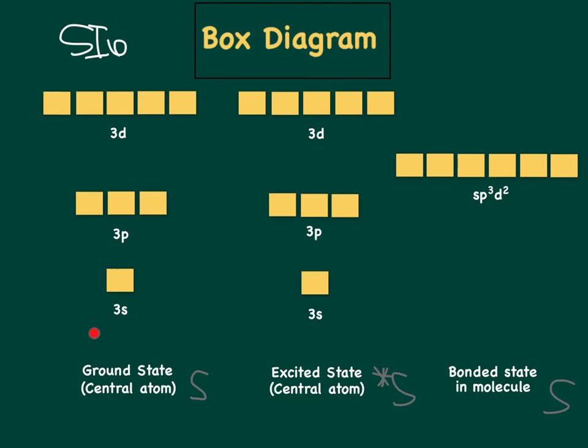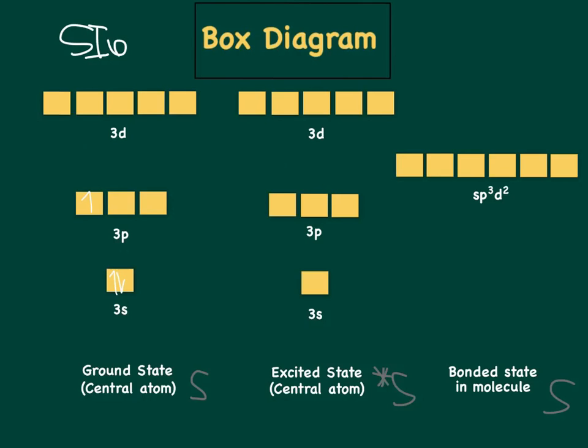So first we start off from 3s, and then we go to 3p, and then we're going to use 3d in order to hybridize and fill in all the parking spaces that we need for our electrons for the molecule. At 3s, sulfur has both electrons, and at 3p it has 4.